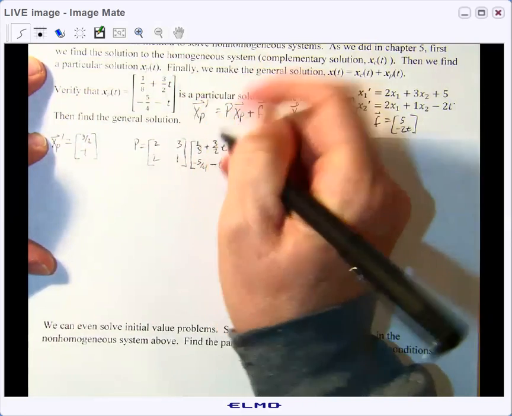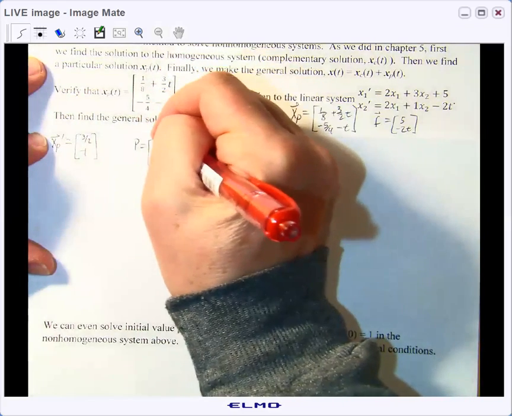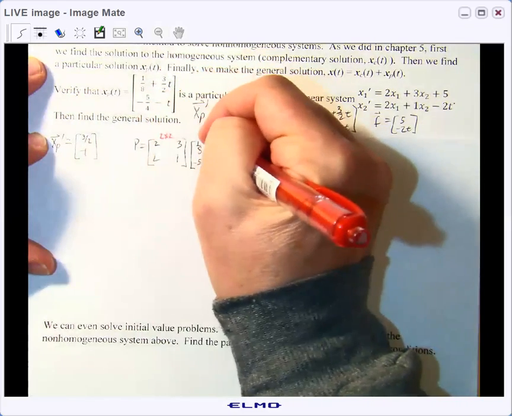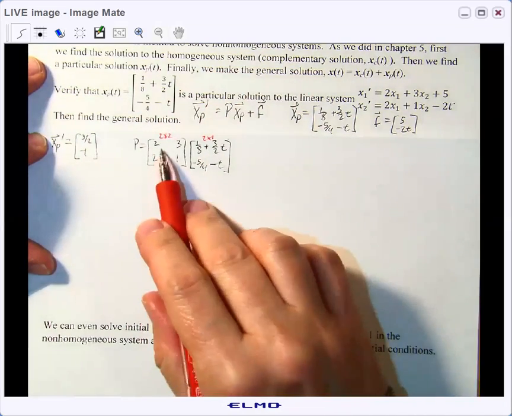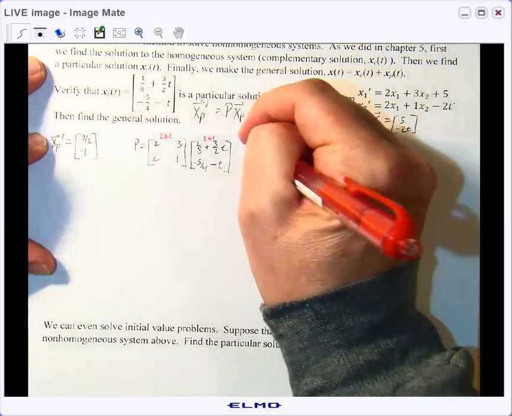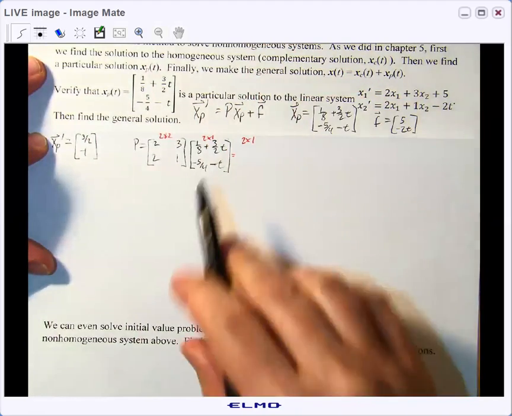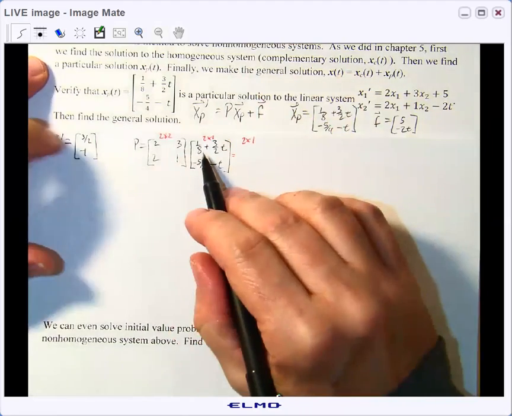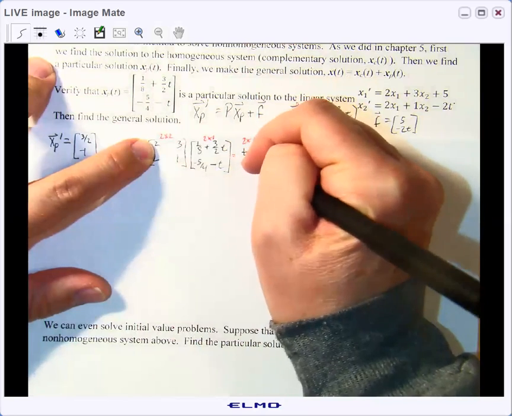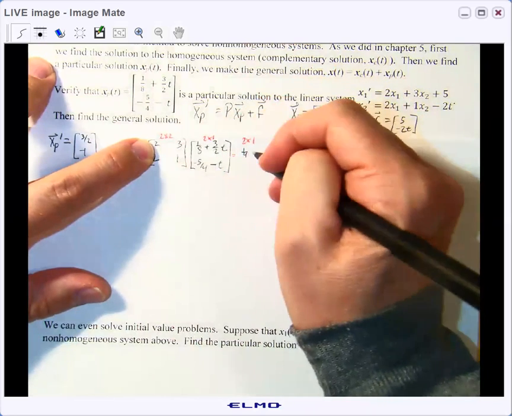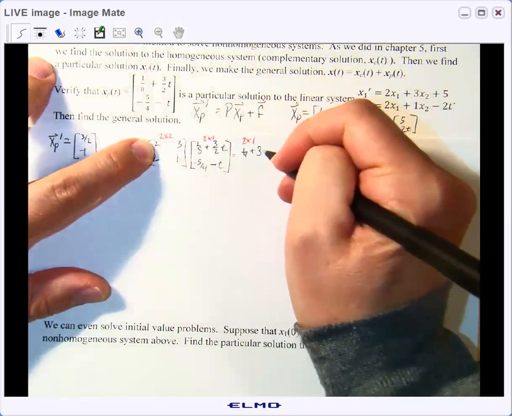Notice that this is a 2 by 2 matrix, and this is a 2 by 1 matrix, so when we multiply this, we should end up with a 2 by 1 answer. If I do p times x sub p, we'll get 2 times 1/8, which is 1/4, plus 2 times 3/2 t is 3t.